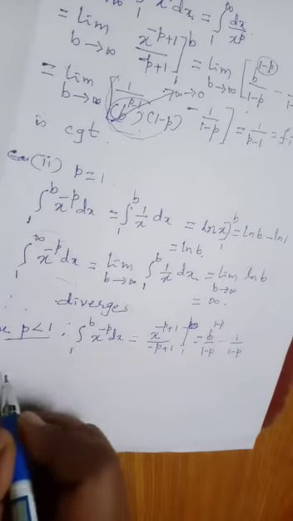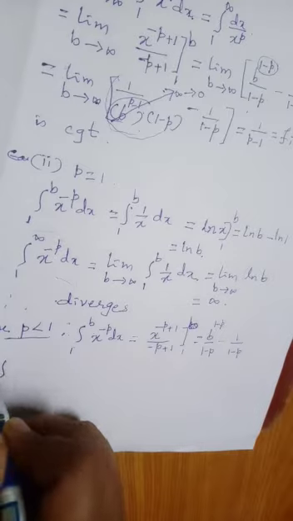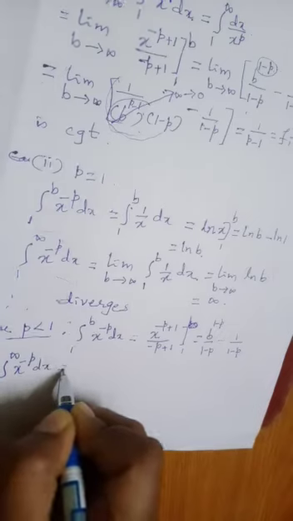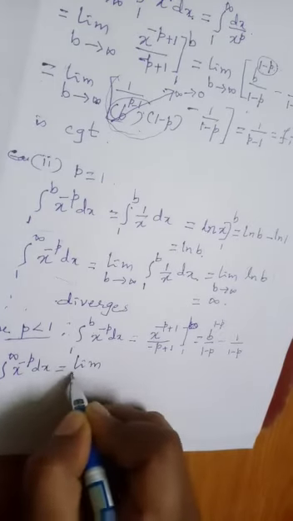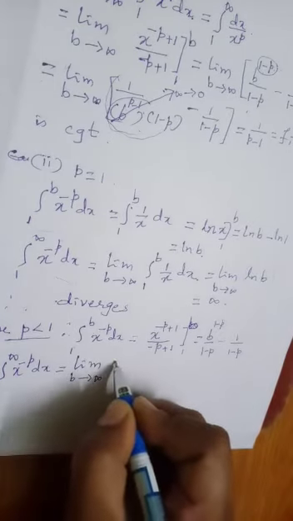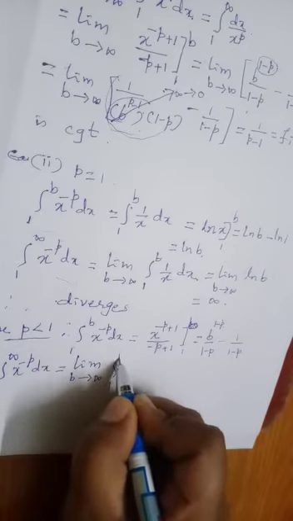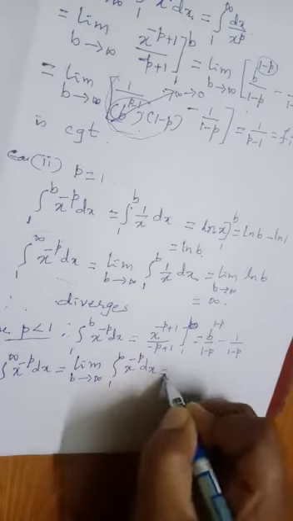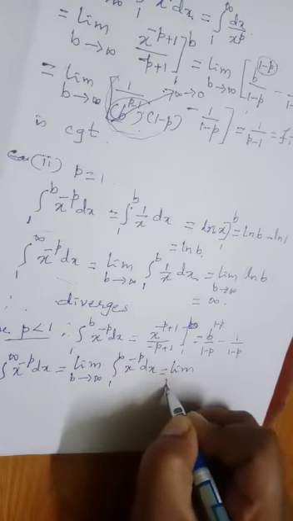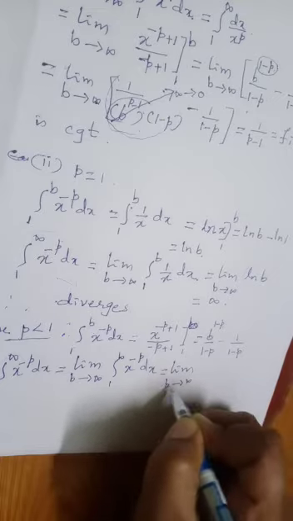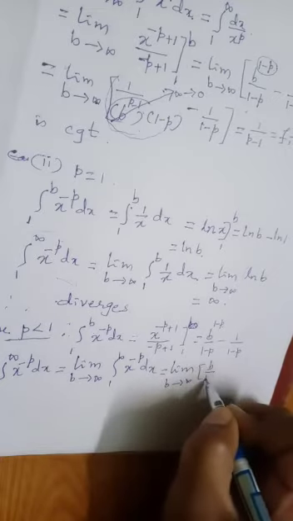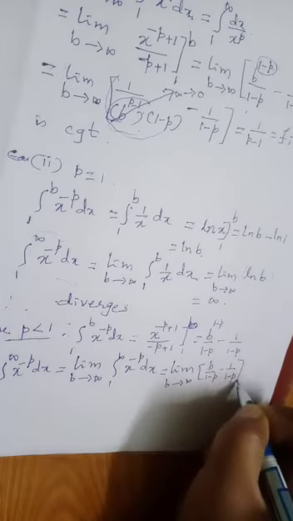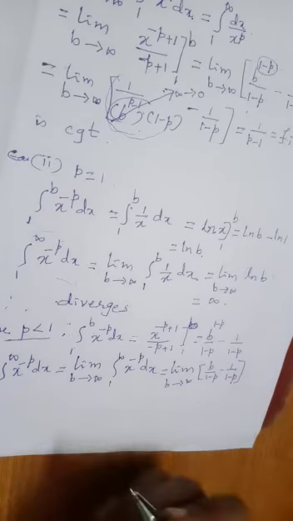And what we want, that is the integral from 1 to infinity of x raised to minus p dx, is nothing but the limit as b tends to infinity of the integral from 1 to b of x raised to minus p dx, which is the limit as b approaches infinity of b raised to 1 minus p by 1 minus p, minus 1 by 1 minus p.